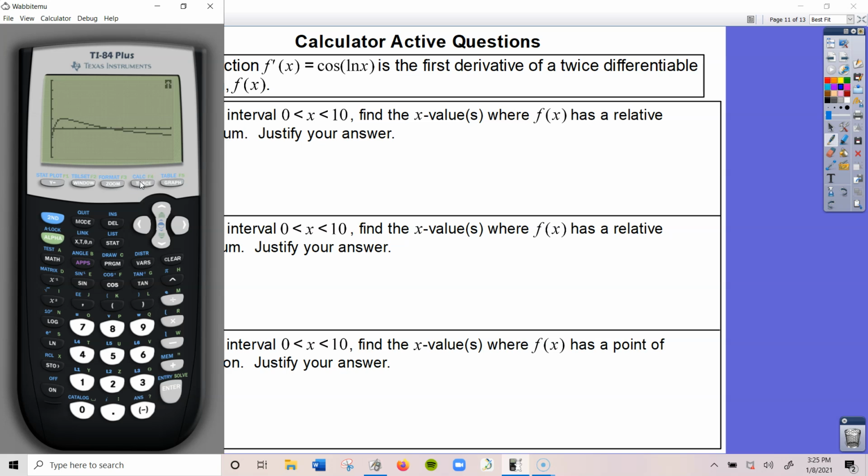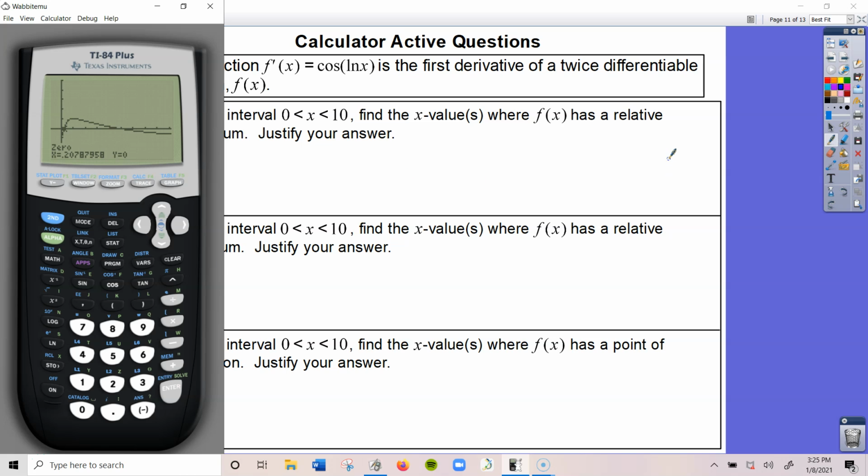So I'm going to go to second calc, go to 0, and let's get the first one all the way on the left. I'm going to go to the left bound, so right here, and then the right bound, and then sure, guess. Okay, so we get x is equal to 0.2078.